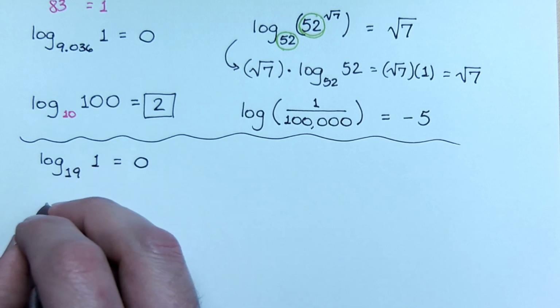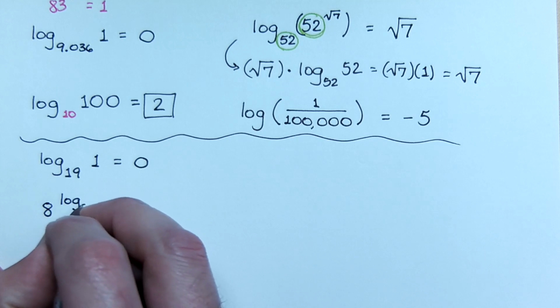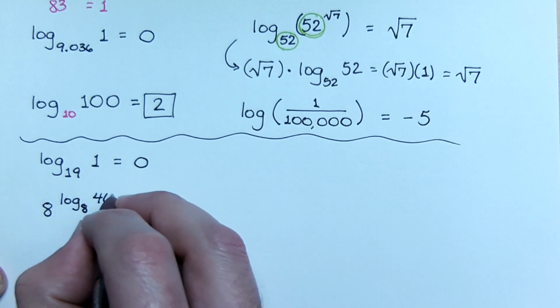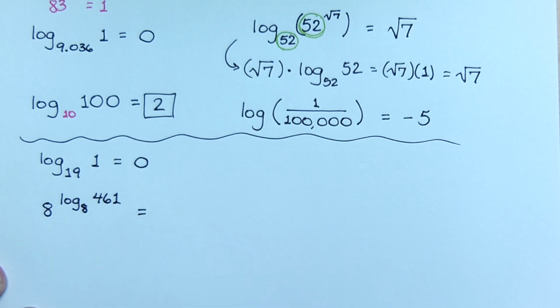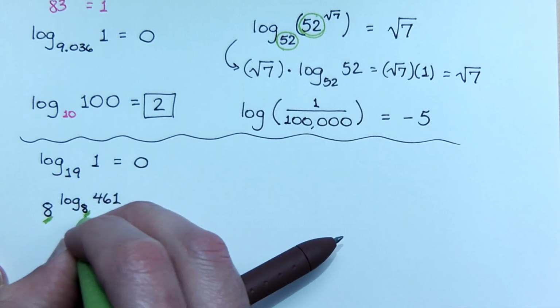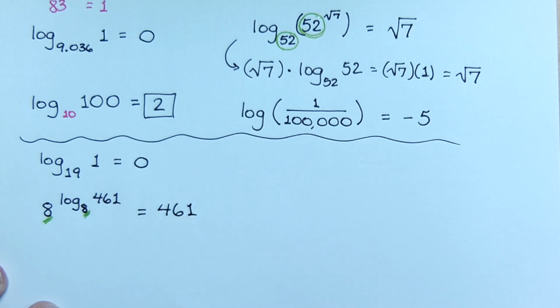If I do 8 raised to the log base 8 of 461, right, since the base of the exponential and the base of the log are the same, you get just the number inside, 461.